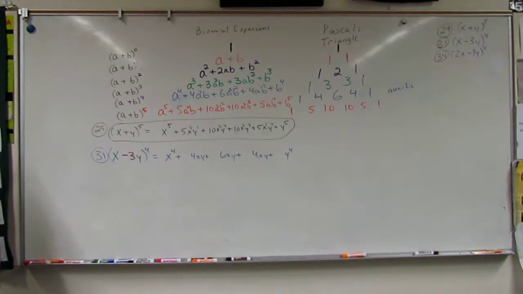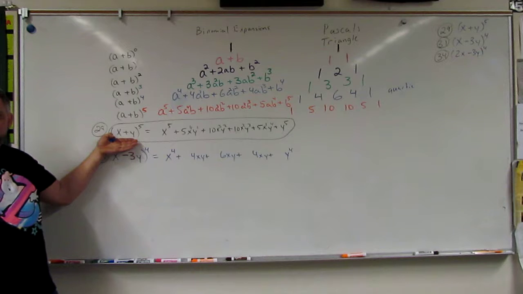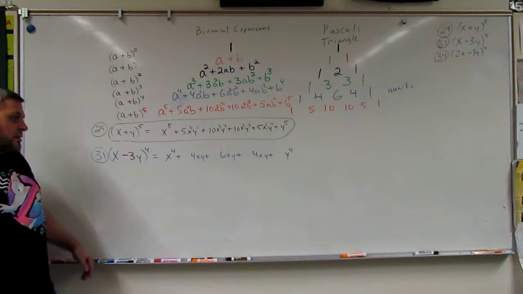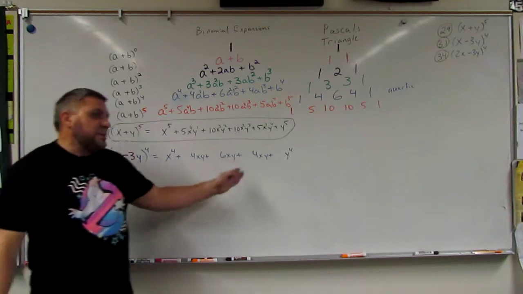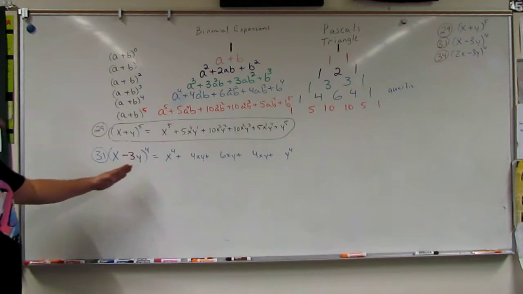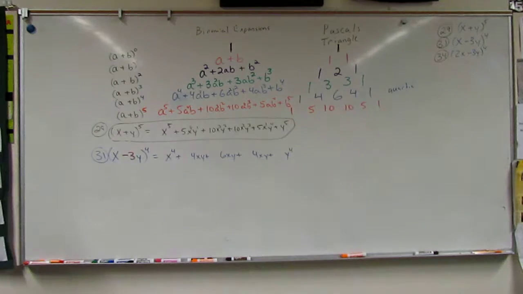See how I did that? It would have been the same as this. Did you say it was minus? It's going to be minus, but not yet. Right now it's plus, plus, plus, plus. It's going to be 1, 4, 6, 4, 1. Does that make sense?